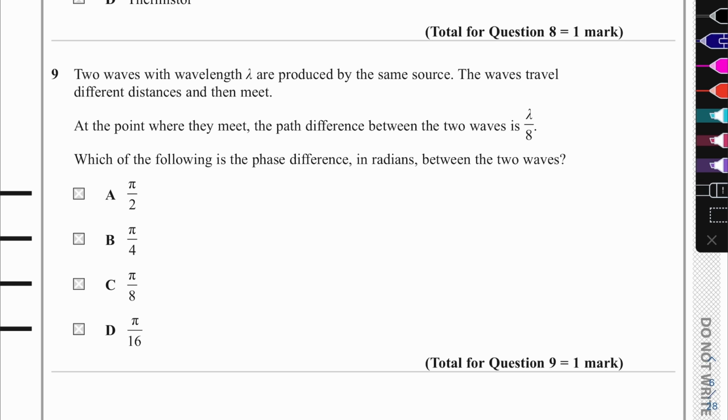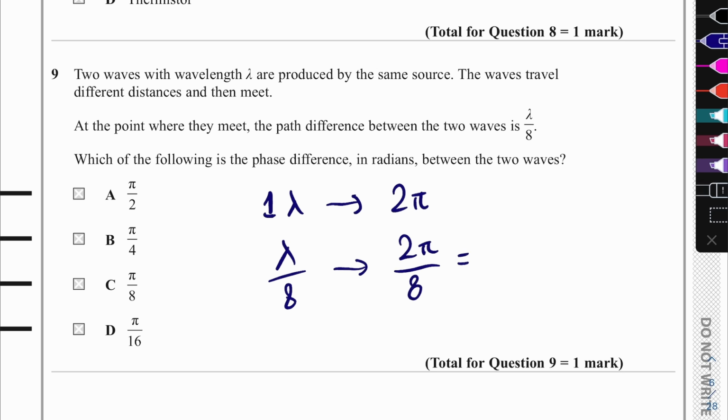So we know that one wavelength is the same as traveling 2 pi. Now, if the path difference is lambda over 8, that means it should correspond to 2 pi over 8. So this should give us pi over 4 phase difference. So this is pi over 4.